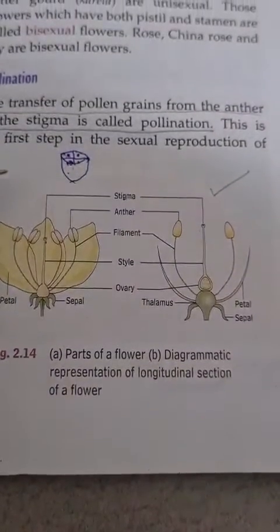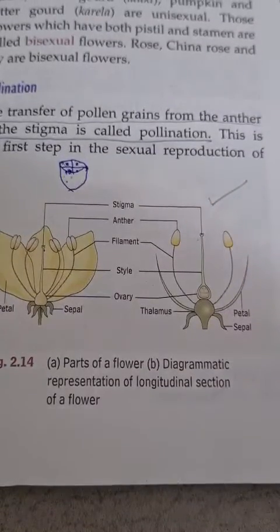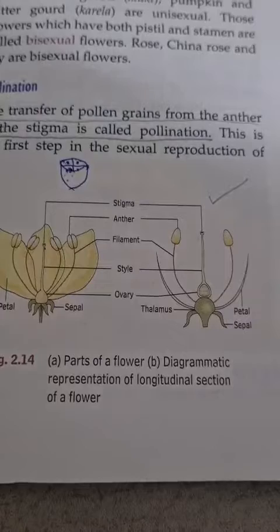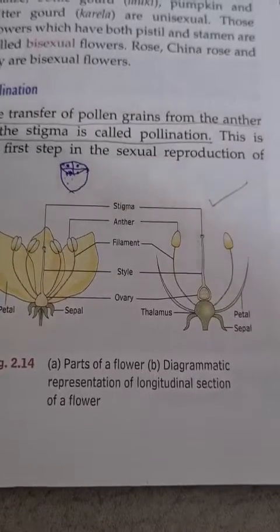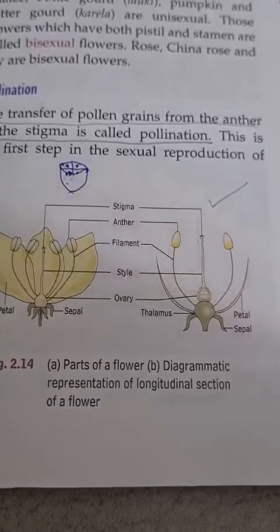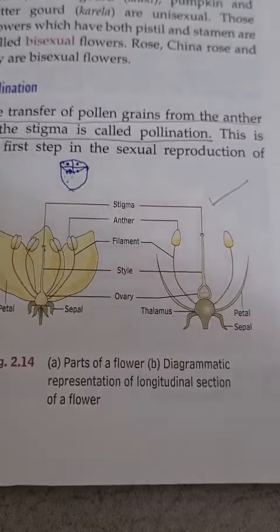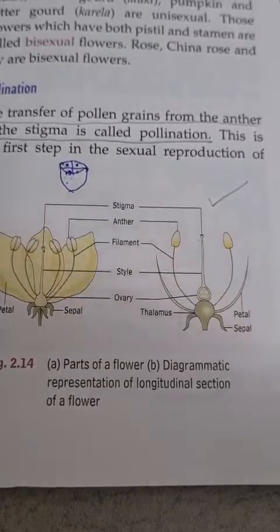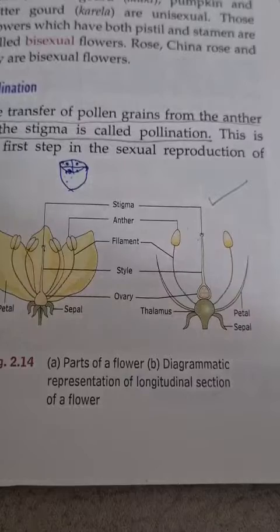This is the first step in sexual reproduction of flowering plants. When the anthers mature, they burst and release pollen grains. These pollen grains sometimes reach the stigma by themselves, or sometimes they need pollinating agents which carry them from anther to stigma.